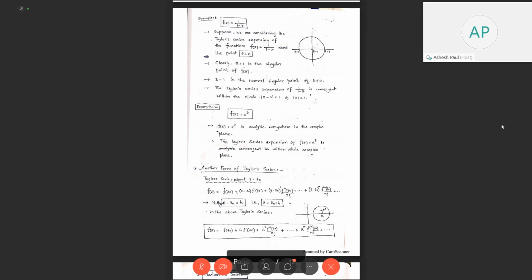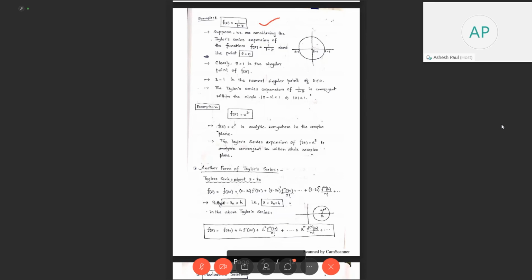Now we will see by an example the region of convergence of a function f(z). Suppose f(z) is 1/(1 - z). Then we will see the region where the Taylor series converges. This is the example of the last topic.